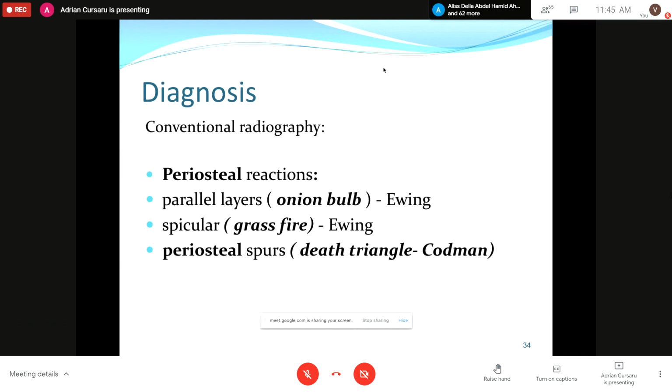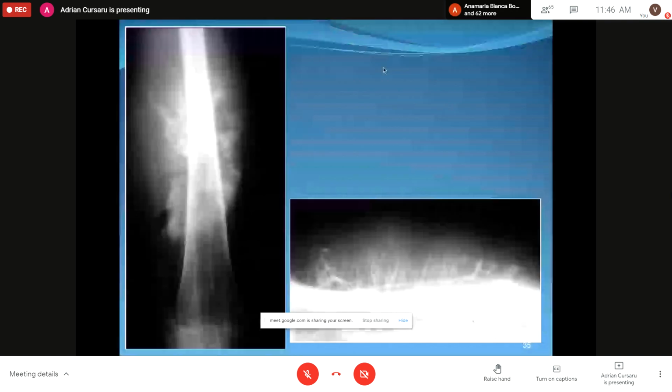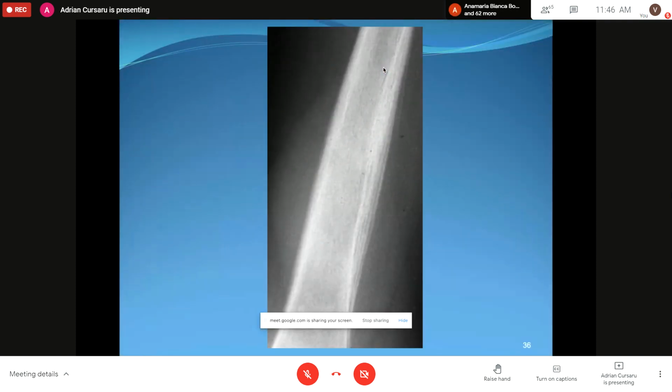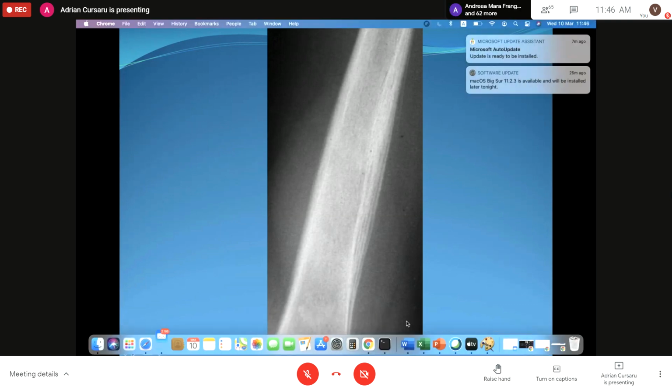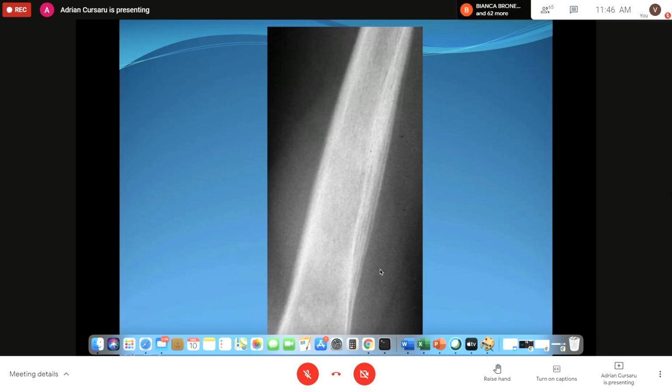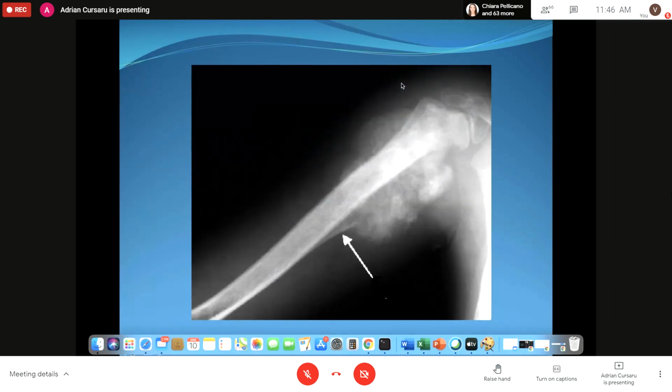It is specific for Ewing tumor, that's a malignant one, or periosteal spurs, the death triangle of Codman. And I will show you on X-ray what the Codman triangle is, and that means it is an aggressive tumor. You can see here a triangle of the periosteal reaction. Another image, the triangle of Codman.